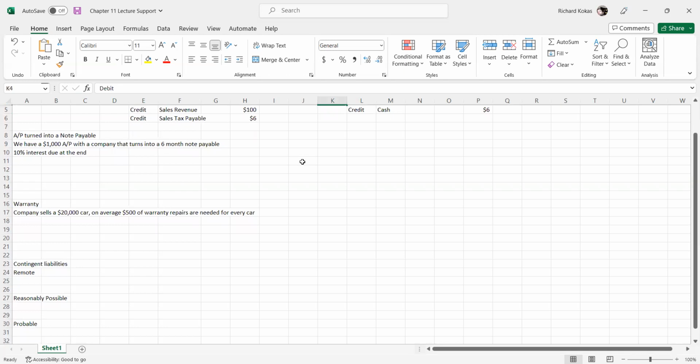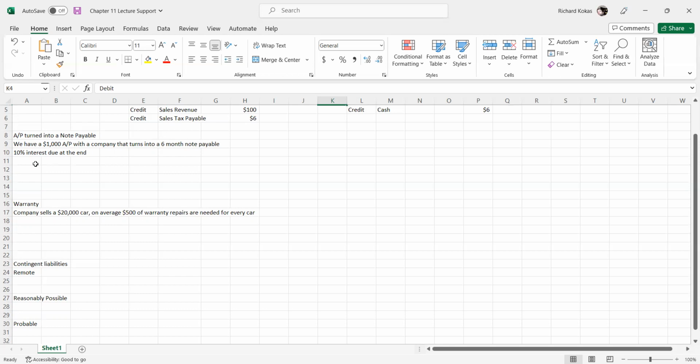So let's move on. This will probably be the biggest concept: notes payable. We might have talked a little bit in Principles 1 about a note payable. Basically, a note payable is a longer term loan compared to an account payable. Remember, an account payable is a liability where we purchase something and are given a little bit of time before we have to pay for it.